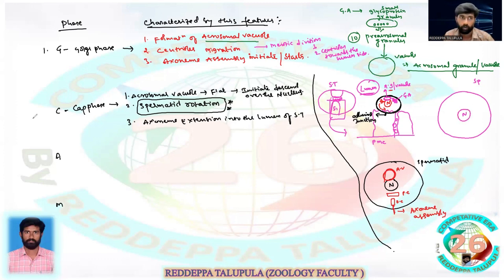Actually, the nucleus is not round, because we already discussed that it will be elongated. Here the acrosomal vacuole is present, and it slowly starts extending like this. Its spreading towards the whole nucleus will initiate. That means spreading of the acrosomal vacuole will be seen in this phase.